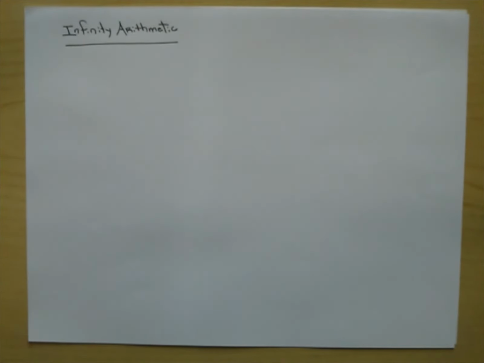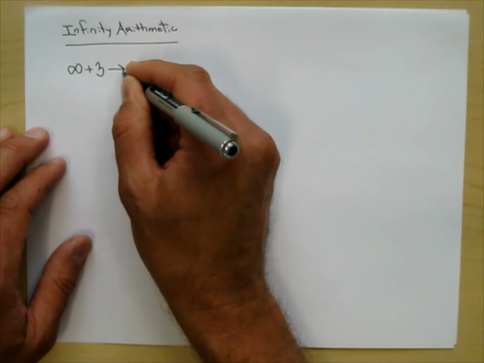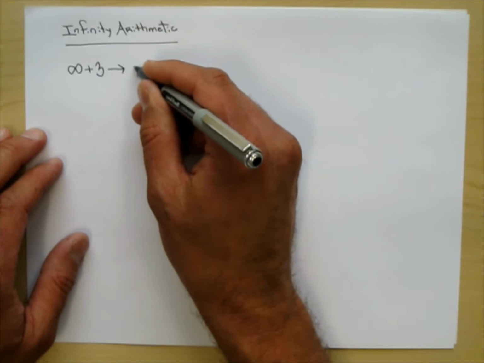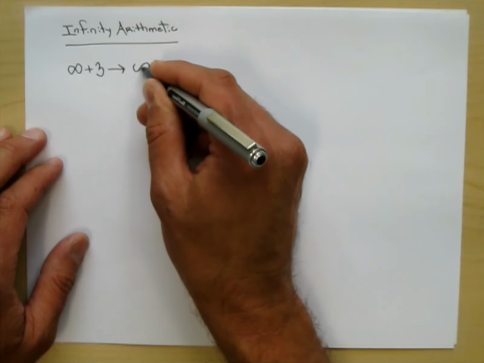So this is what I'm going to do. I'm going to put infinity plus 3. So what is infinity plus 3? Well, we're not going to say it equals, we're going to say that it goes to something. Well, if you just put 3 onto it, you are still going to infinity.